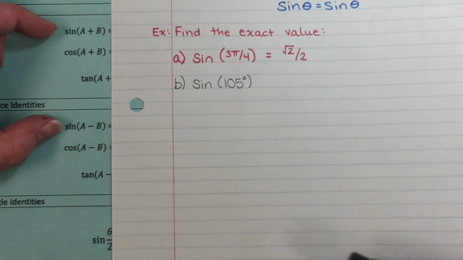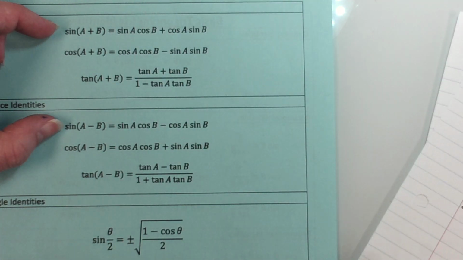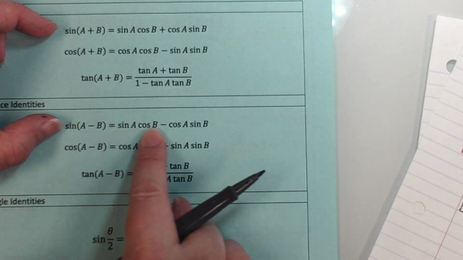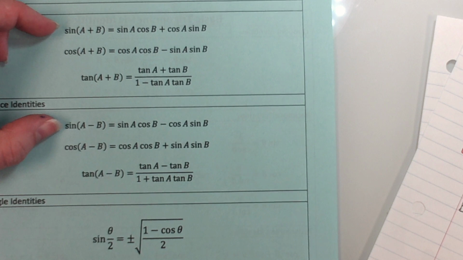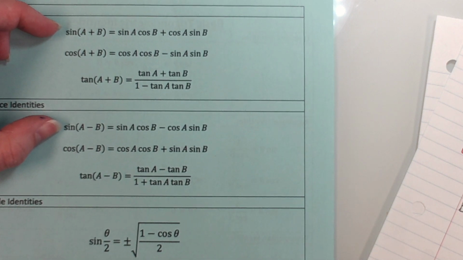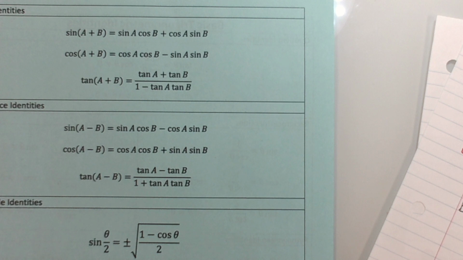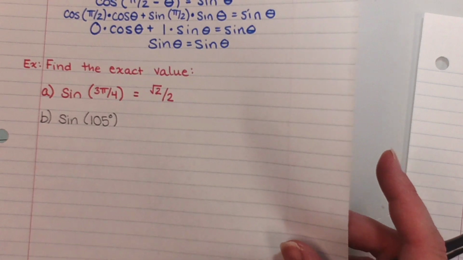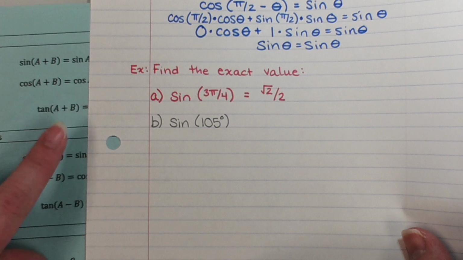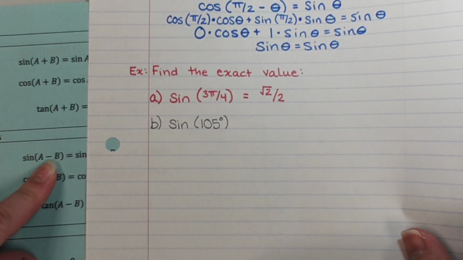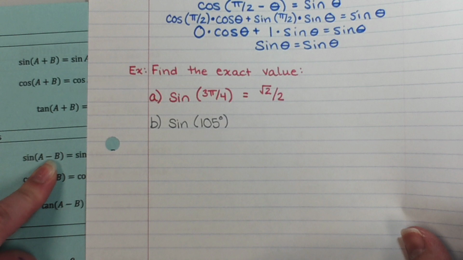If I want to be able to find an exact value, then when I plug these in and get my sine of A, cosine of A, sine of B, cosine of B, I want to be able to evaluate those. The only way I can nicely evaluate an angle and get an exact value is if it is a unit circle angle, which means for this sine of 105 degrees, I want to break it up into either two things being added or two things being subtracted that are angles on the unit circle.